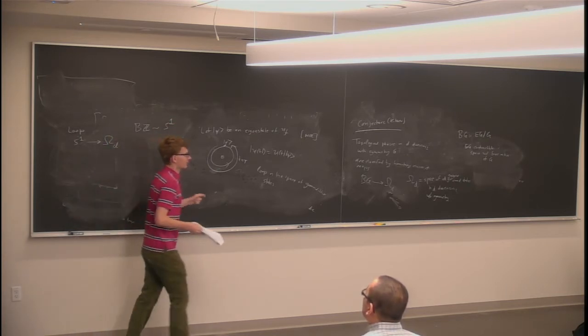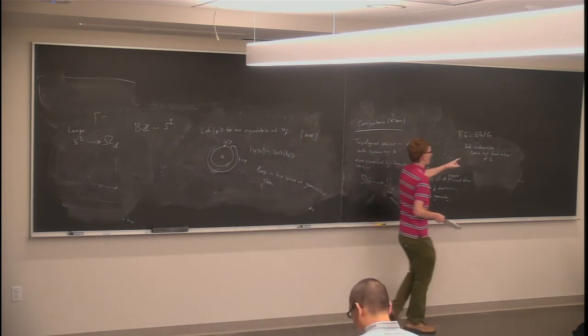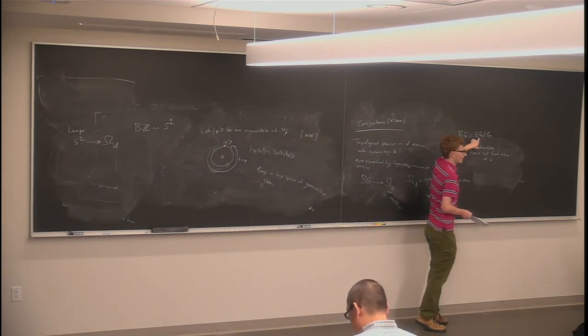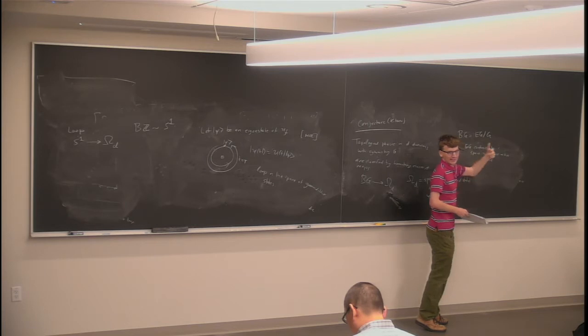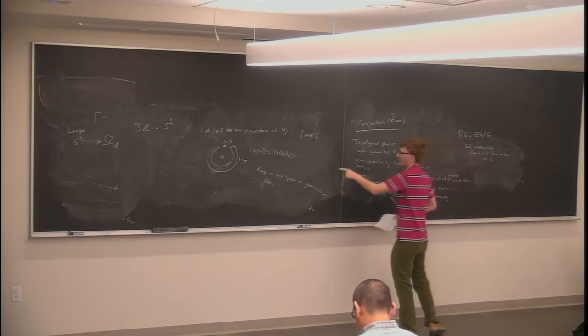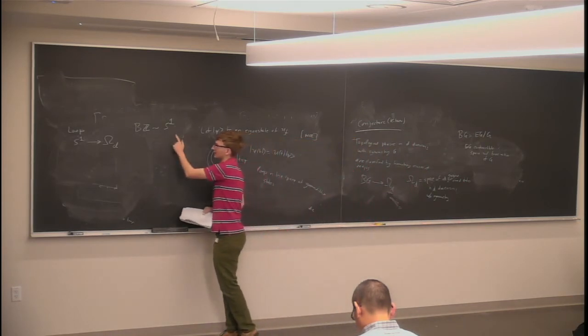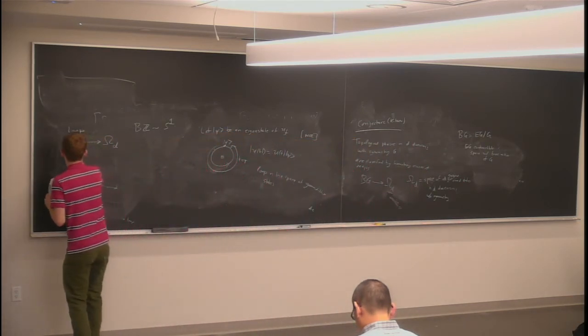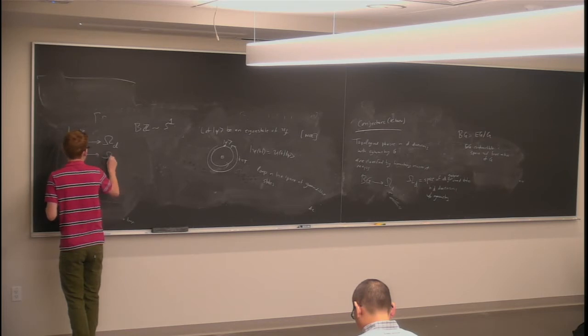To see that, R, the real line, is a contractible space, and Z acts on it by integer translations, and R mod that action is a circle. So that's why BZ is a circle, and why we have a map from BZ to Omega D.